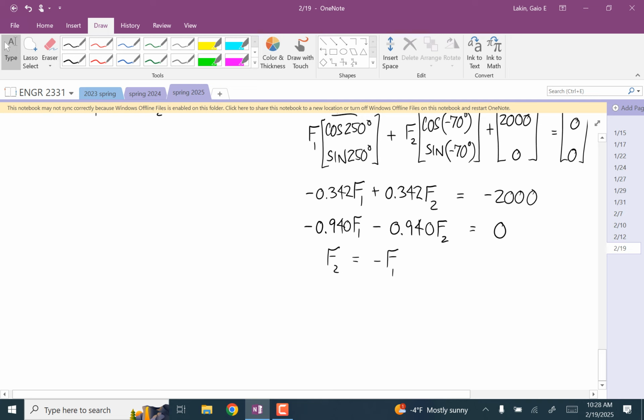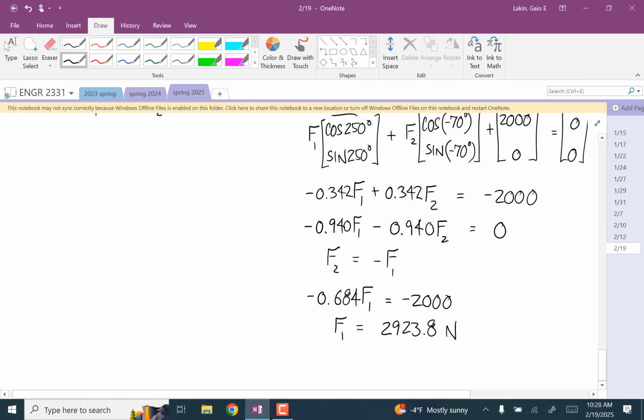Plug that into the first one, and you get negative 0.684 F1 is equal to negative 2,000. So F1 is equal to, what do you get there? 2923.8.